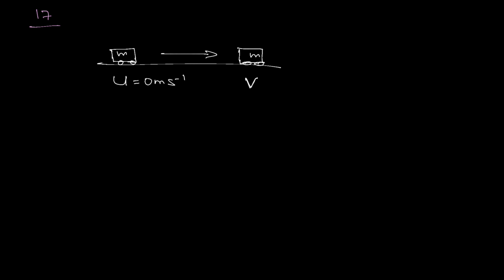So A, it stays constant, not true. B, it increases linearly from 0. That's true. So the answer should be B. C, it increases non-linear from 0. And D, it increases from 0 to a maximum and then decreases. That's not true. So the answer is B.